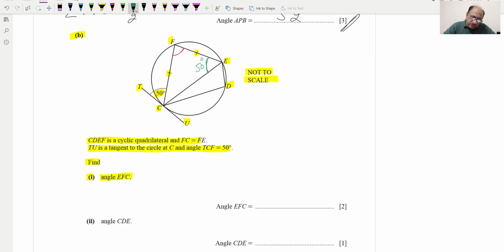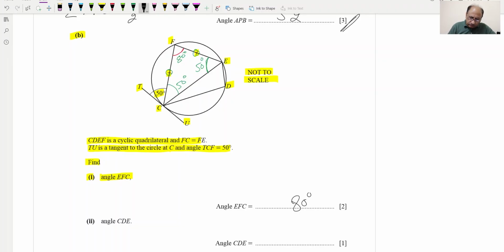If this is 50, these two sides are equal, so this will also be 50. And if these two angles are 50, then this angle, which is CFE or EFC, the required angle, is equal to 80 degrees. So we can write here 80 degrees as our answer.